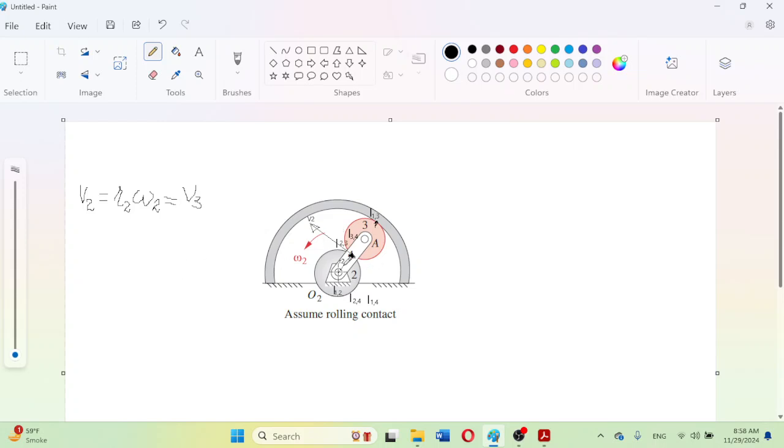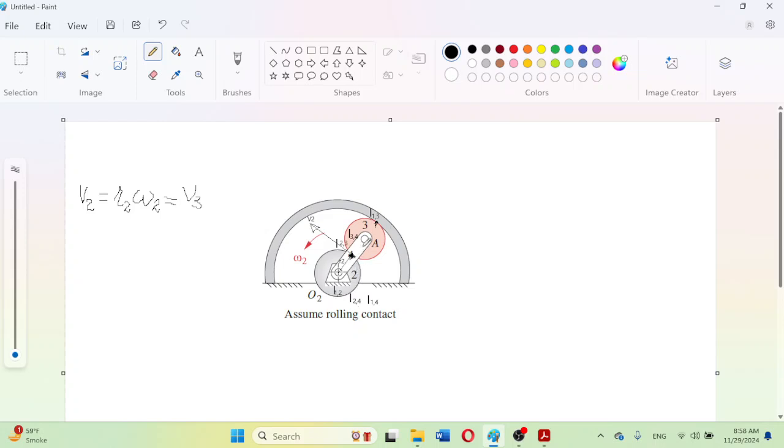So the contact point has the same velocity as the surface point of gear link 2.